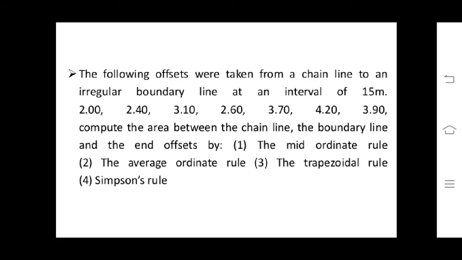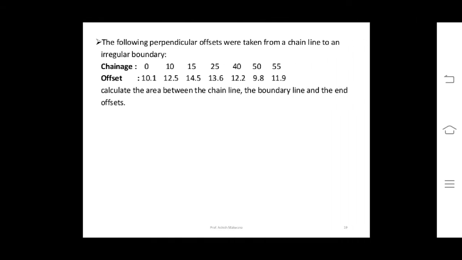The following offsets were taken from the chain line to the irregular boundary line at an interval of 15 meter: 2, 2.40, 3.10, 2.60, 3.70, 4.20, 3.90. Compute the area between chain line, the boundary line, and end offset by the mid ordinate rule, the average ordinate rule, the trapezoidal rule, and Simpson's rule.